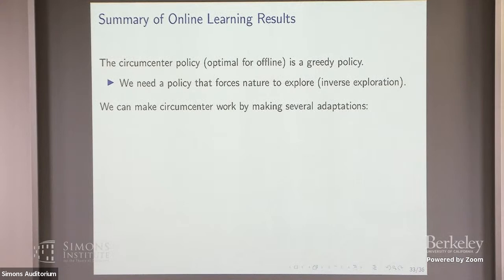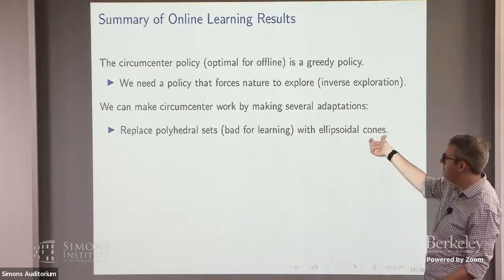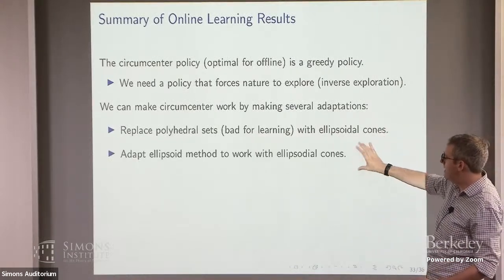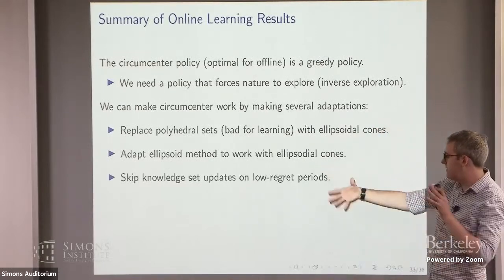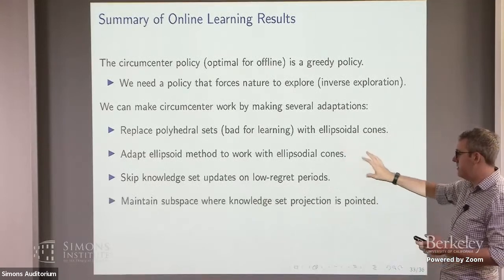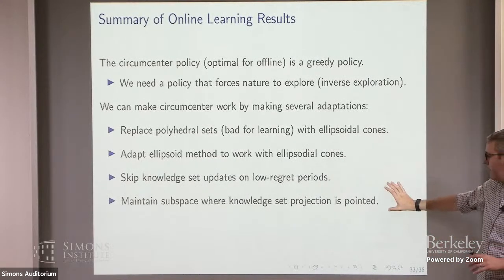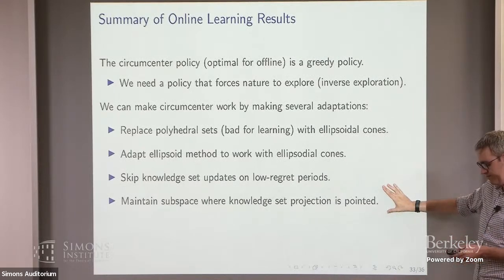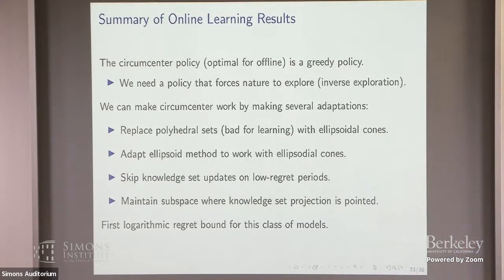We can make this policy work by making a number of adaptations. We can replace the polyhedral sets, which are bad for learning, with ellipsoidal cones. Then we can adapt the ellipsoid method to work with ellipsoidal cones. Then we skip the knowledge sets in low regret periods to avoid these ellipsoidal cones from getting ill-conditioned. And then we maintain a subspace where the knowledge sets are pointed. You combine all this, you get a log regret for this problem.